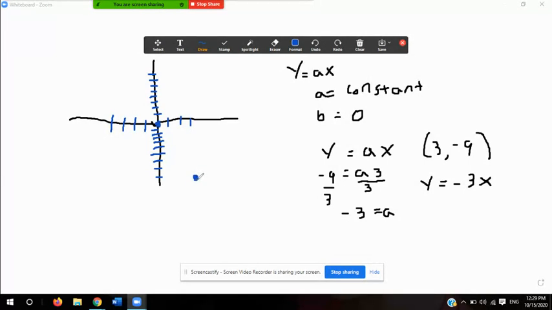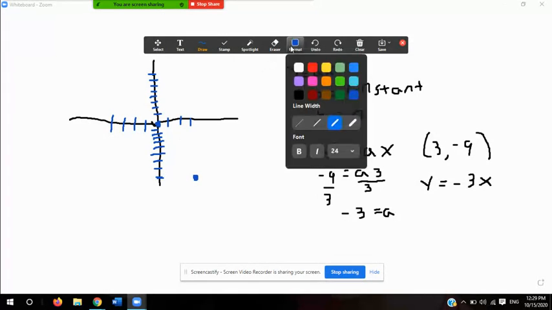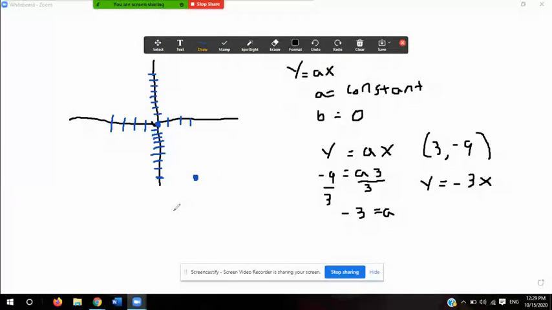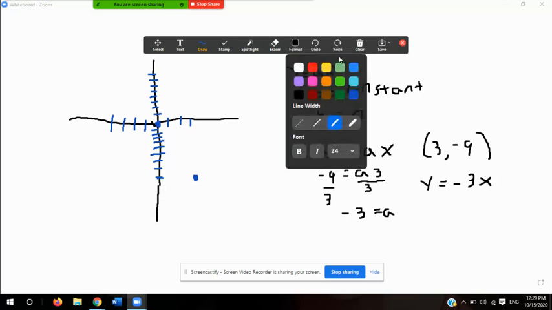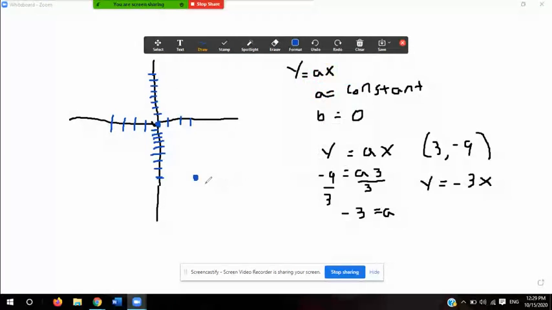Now, it says negative 3, so that means we actually move from this ordered pair 3 spaces down and 1 space to the right.